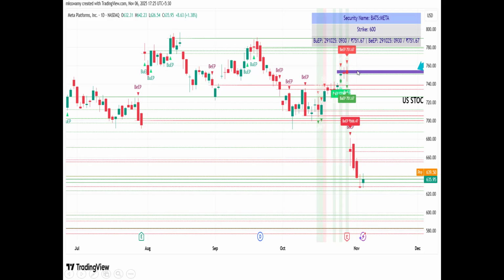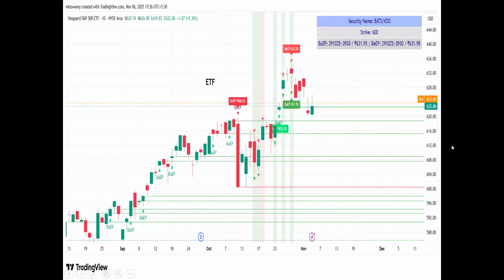It was triggered around 751, and it is around 639 now, almost 100 points down, more than 12 to 13 percent. You could have caught this, or booked profit if you were in a positional trade in Meta Platforms. That is the example I am showing. It works through multiple assets.